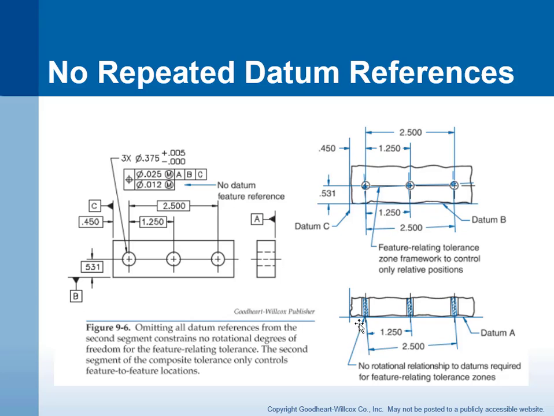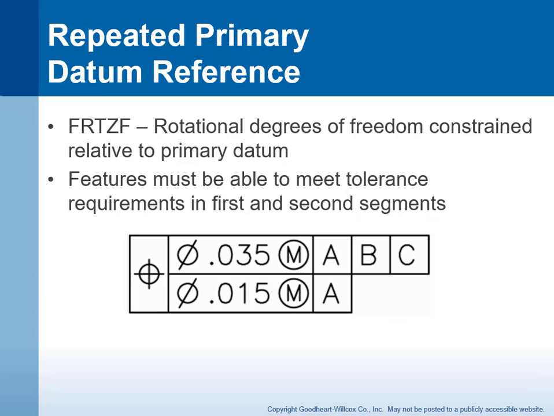As you see, our datum A could be off, and it's okay. They're not related back to that datum. Now, if we repeat the primary, and I think this is more common, we are repeating the primary datum in the second frame. So the rotational degrees of freedom are constrained relative to the primary datum, and the features must be able to meet tolerance requirements in the first and second as usual.